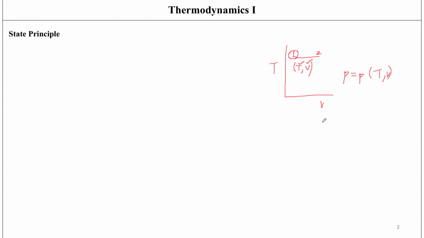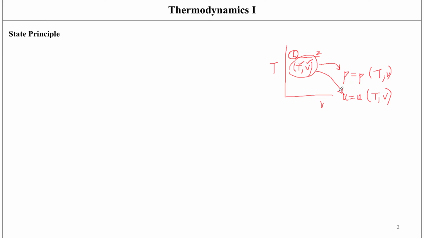And if I had to find out the specific internal energy of the system, again, it is going to be a function of the temperature and specific volume of that system. So we found out that this state can actually be defined in terms of just these two properties as independent properties, and then these two properties can be used to further find out properties that are dependent on these two independent properties.